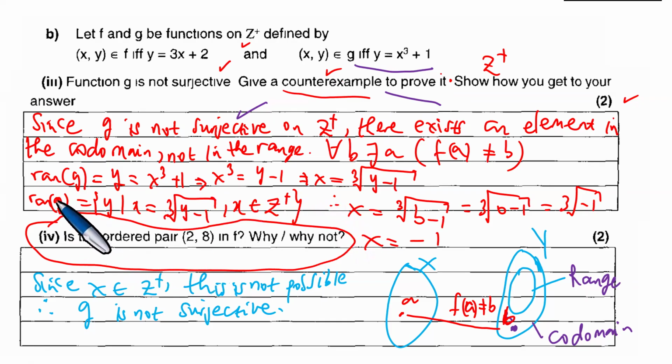The range of g is such that it contains exactly y. Of course, the range contains y values, yeah? So it contains y values such that x is the cube root of y minus 1.